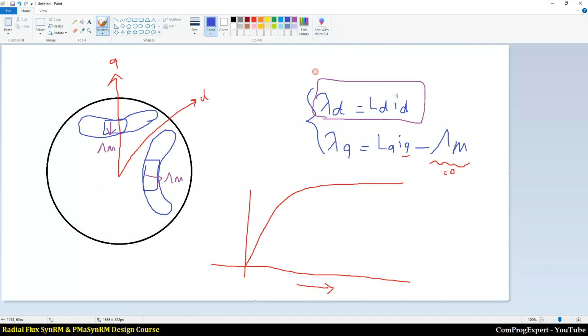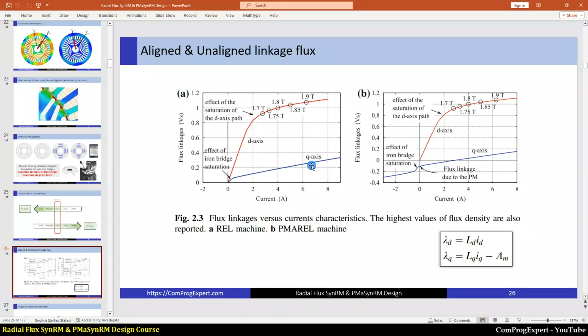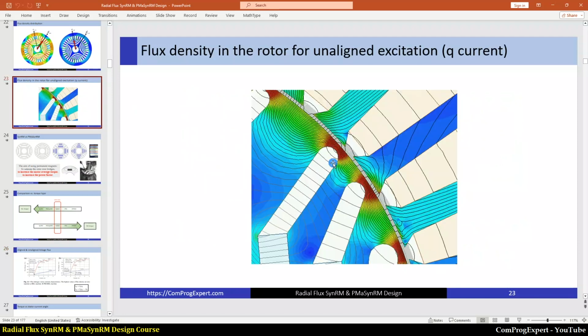So we can plot lambda Q versus IQ. This is the blue curve that we have here. Here we have a small saturation and then we have a straight line. This small saturation is because of these tangential ribs.